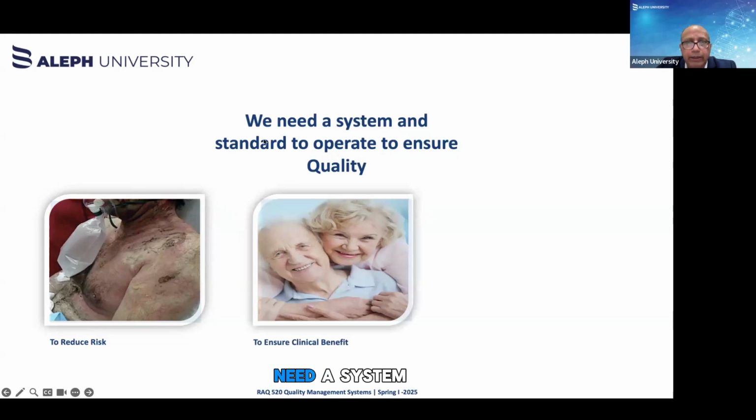Also, why do we need a system to operate and to ensure quality? Because we need to ensure clinical benefit. We need to reduce risk, but we need to maximize clinical benefit. We need to make sure that the devices or the products that the manufacturing company ships are really good products, that they do the job.